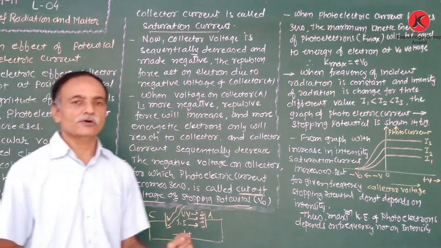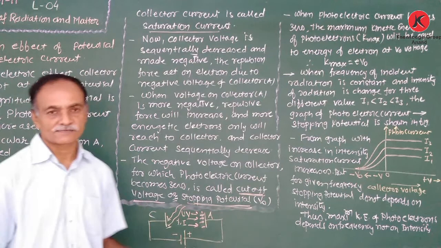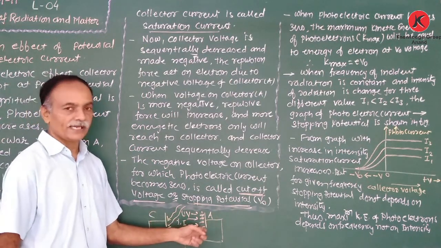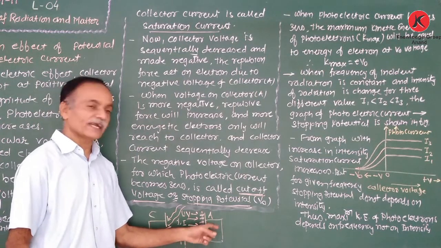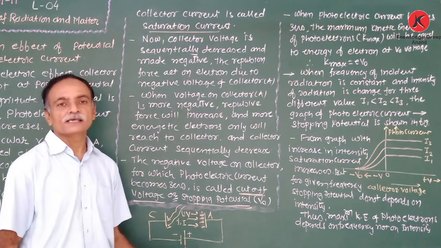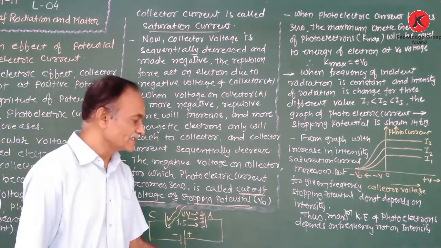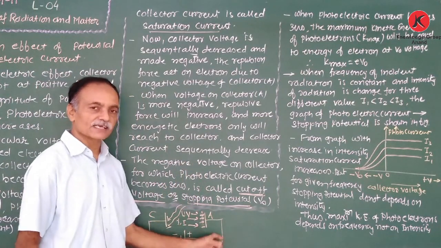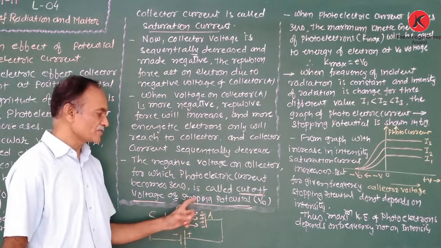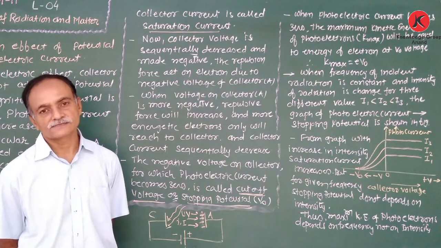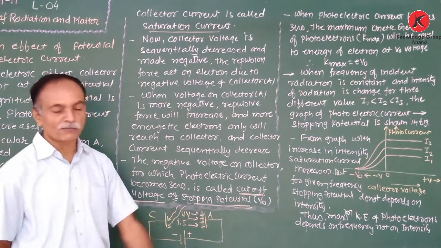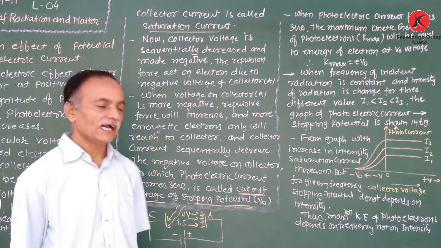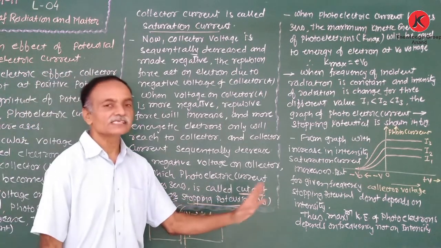Only those electrons which have more kinetic energy can reach A and form the photoelectric current. For a particular negative potential on A, the photoelectric current becomes 0. This voltage is known as the cutoff voltage, also the stopping potential, and it is denoted by V0.